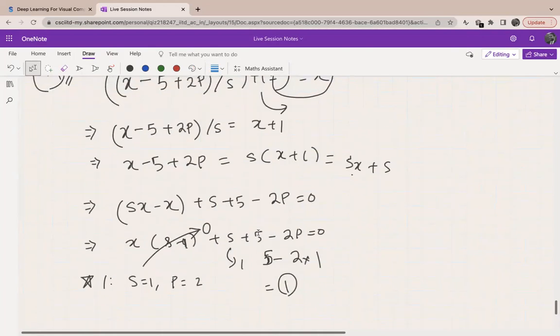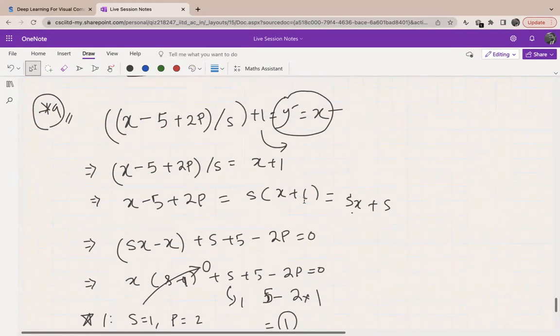Did we make a calculation mistake here? Okay, this should be minus 1, not plus 1. It should be minus 1, minus 1.